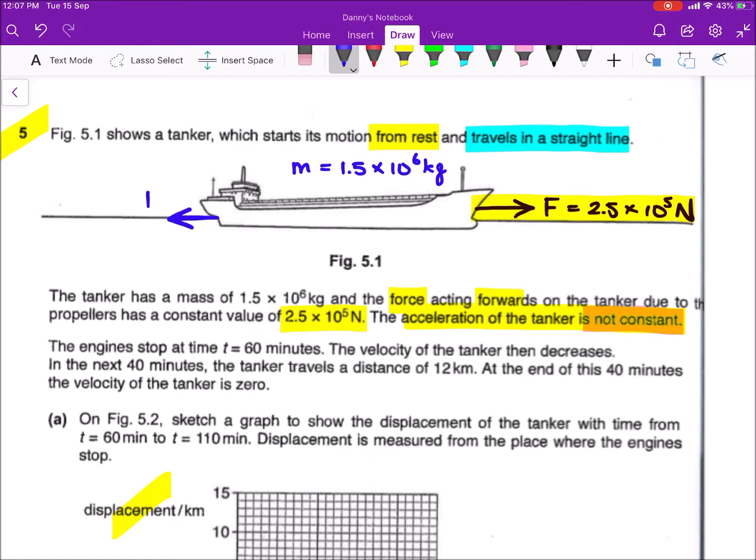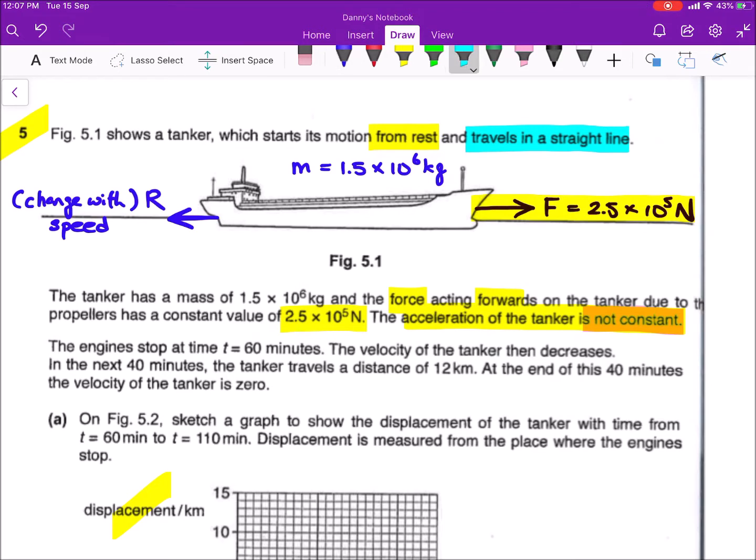So I will just call it R in general. This force R is like your air resistance. I think it will definitely change with speed, so it is a changing force.